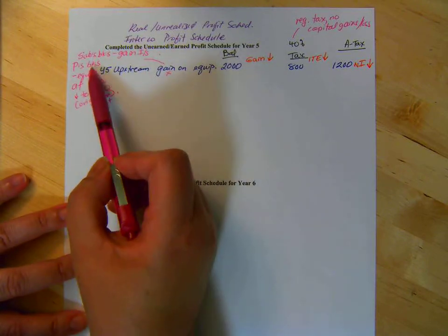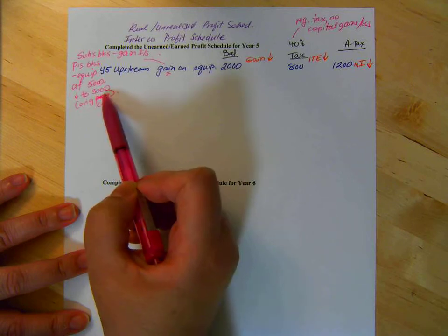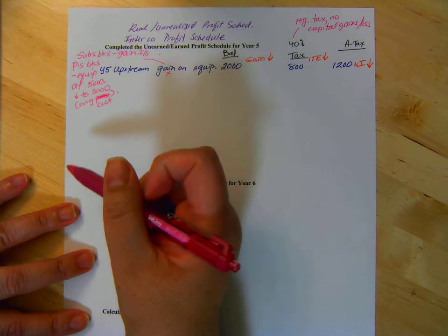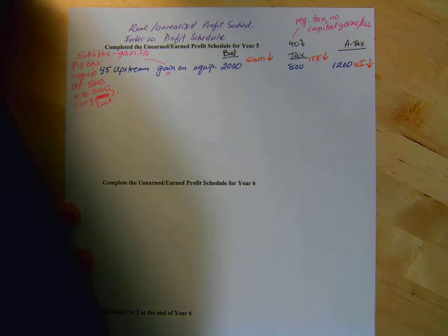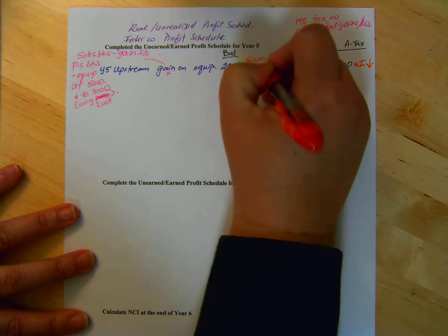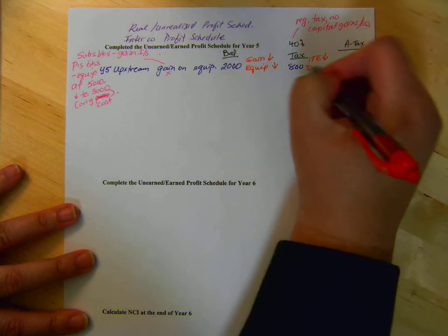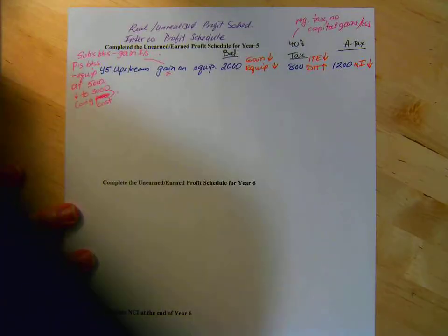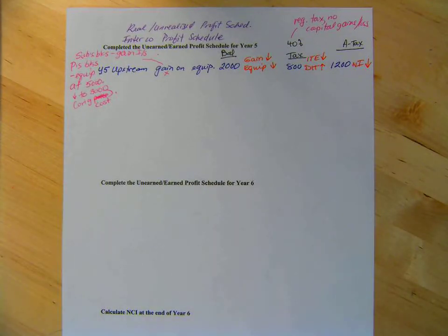The parent's books, their equipment says 5,000, and if it didn't happen, it should be down to 3,000. Okay, everybody good with that? So that means my equipment has to do what? Go down. My DIT does the opposite and goes up. Are you guys all good with that?